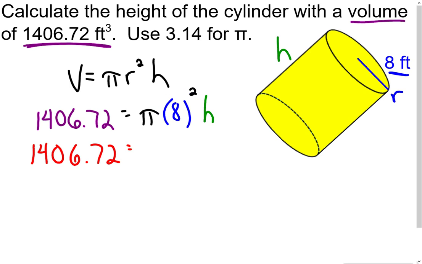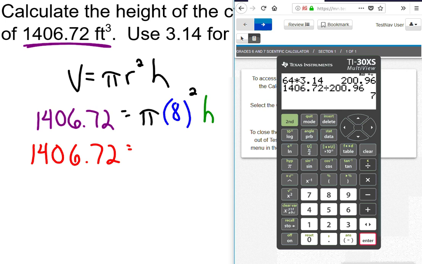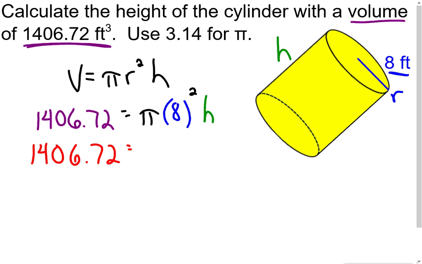So I type in pi, and it tells us to use 3.14, so 3.14 times 8 squared, or I could just hit 64 because I know that one off the top of my head. That comes out to be 200.96. So I come back here and I write down 200.96 h.